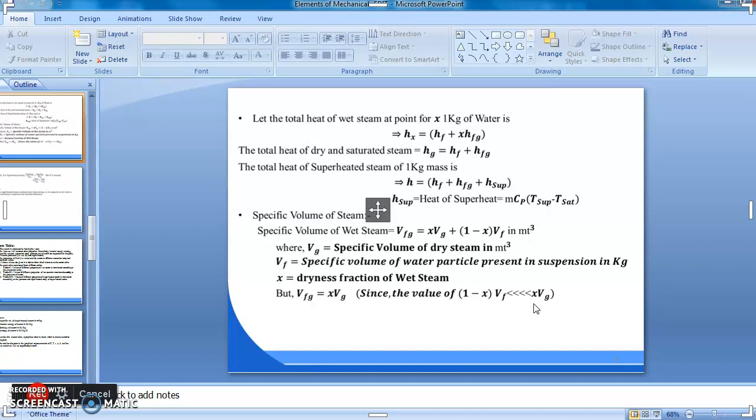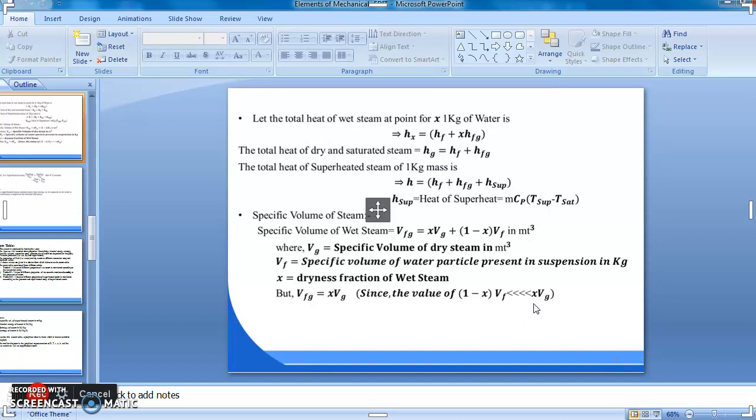Similarly, the total heat carried by the wet steam during the heating procedure is h equal to hf plus x hfg. hf is the amount of heat absorbed during the sensible heating, and x hfg is the amount of heat during the latent heating. x is the dryness fraction of the wet steam.